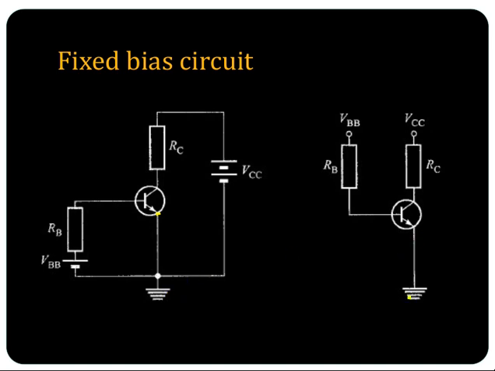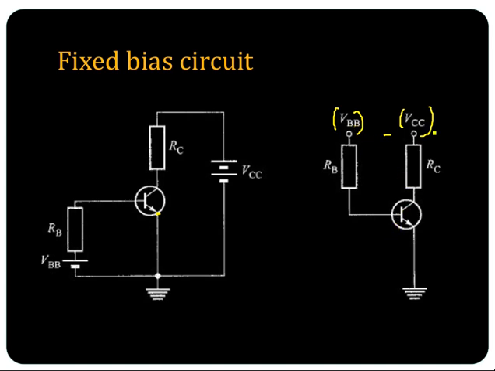So the emitter is shown connected to ground, and we are marking the voltage source here, and the representation is changed like this. So VBB through RB is connected to the base, and VCC through RC is connected to the collector. Alright, so from now onwards we are going to represent the transistor circuits in this manner.